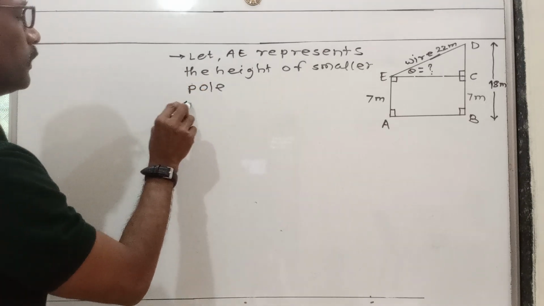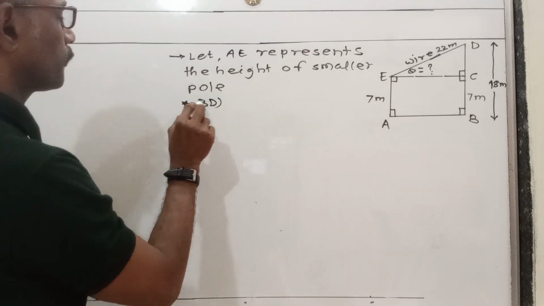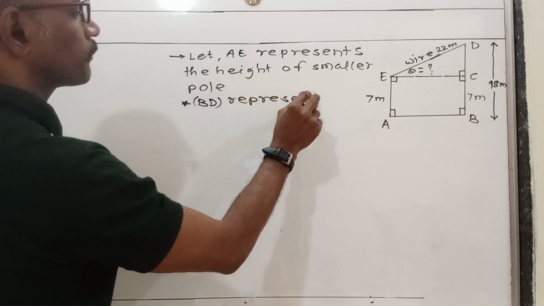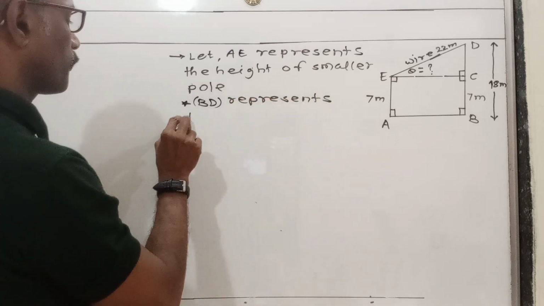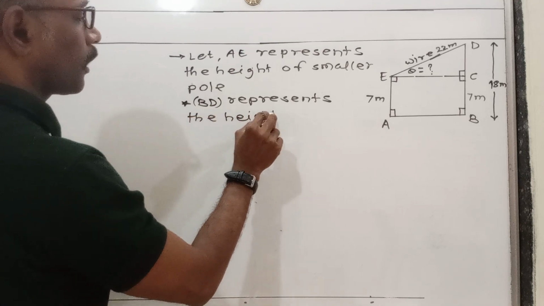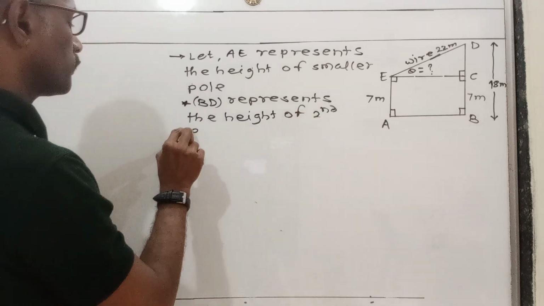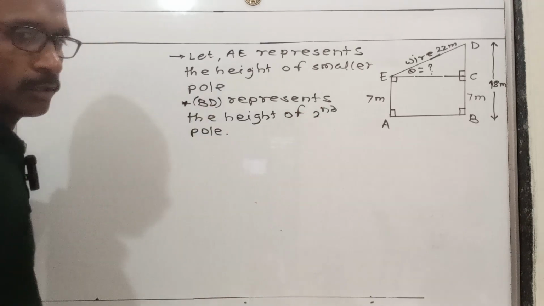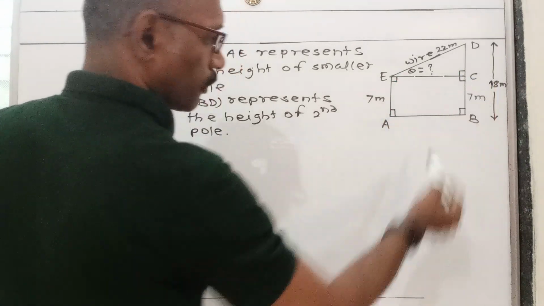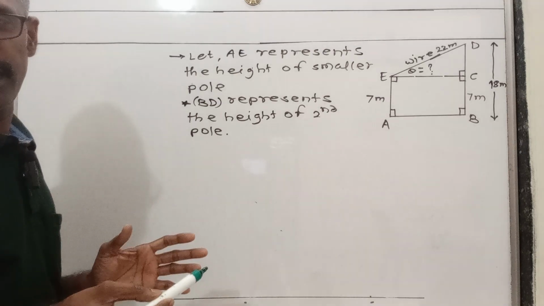Okay, then BD represents the height of the second pole. Okay, now I have told you quadrilateral ABCD is a right angled quadrilateral.